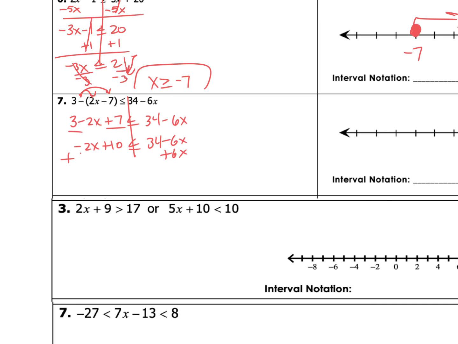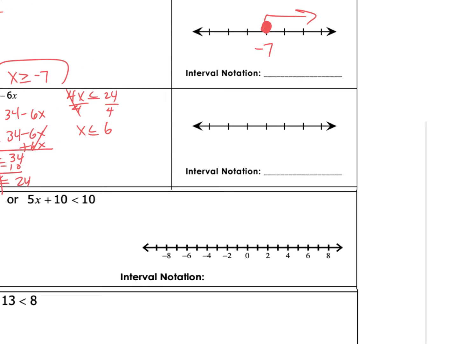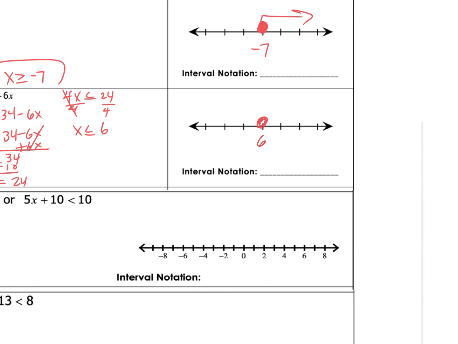Add 6x. 6 minus 2 is 4x plus 10, less than or equal to 34. Subtract 10. 4x is less than or equal to 24. And then divide by 4. X is less than or equal to 6. So we have 6 in the middle, closed dot, to the left.